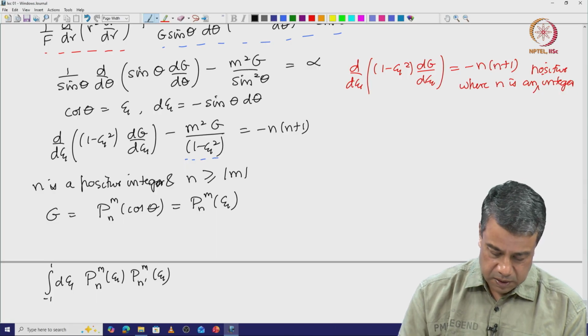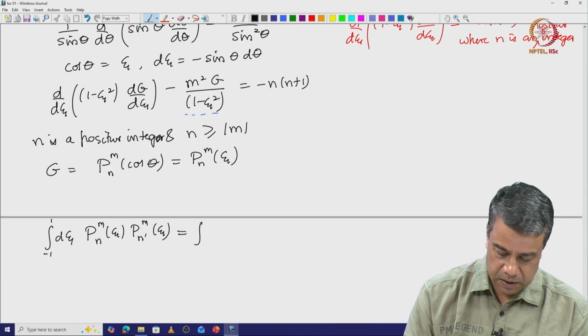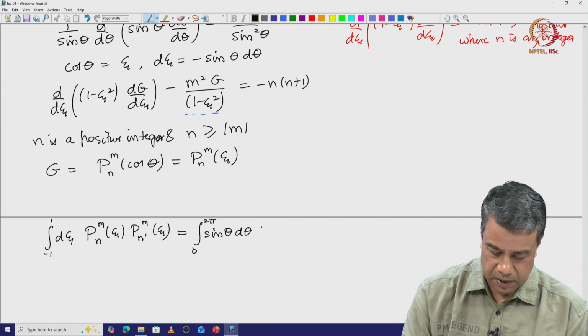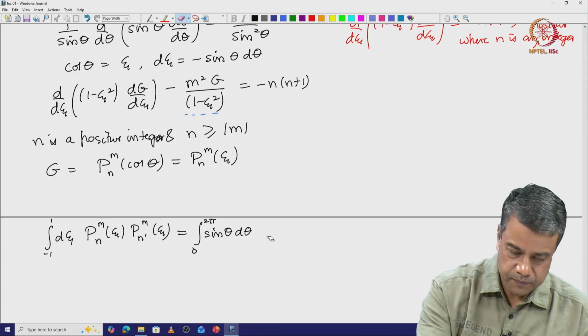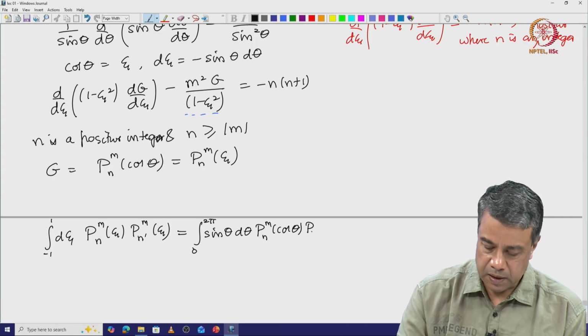This, in terms of theta, can also be written as the integral from 0 to 2 pi sin theta d theta P n m of cos theta P n prime m of cos theta.